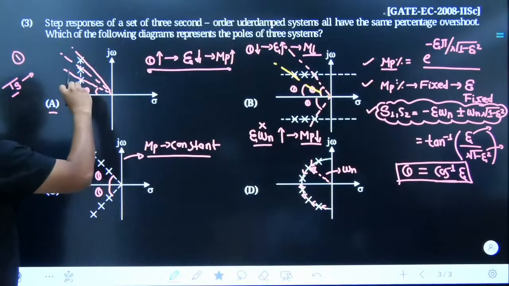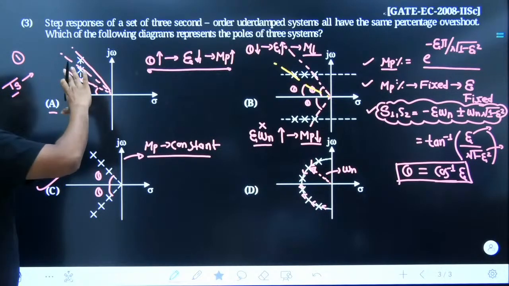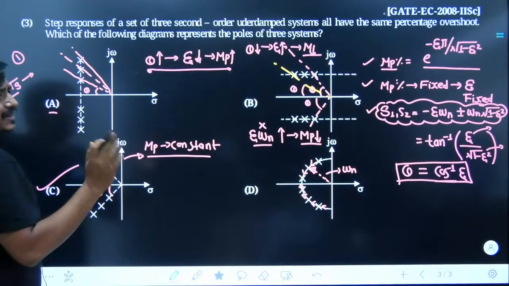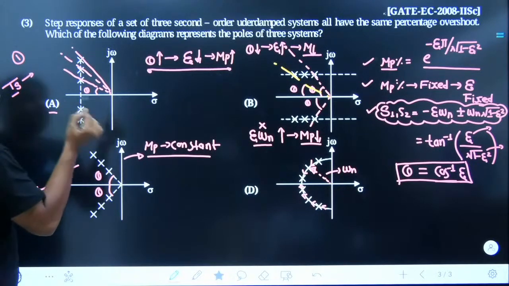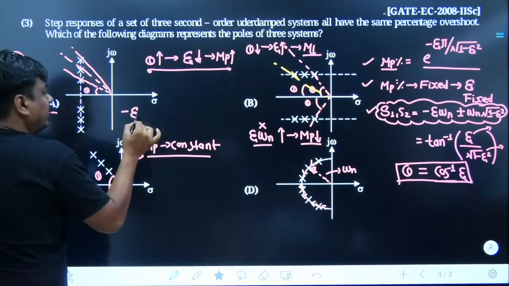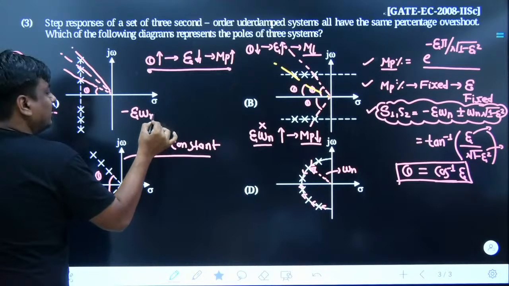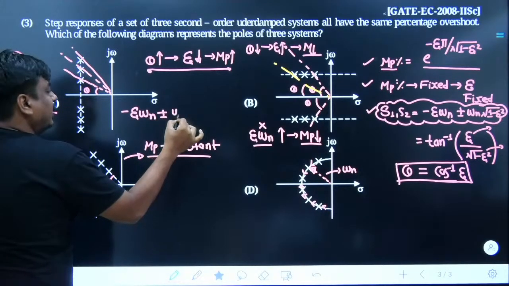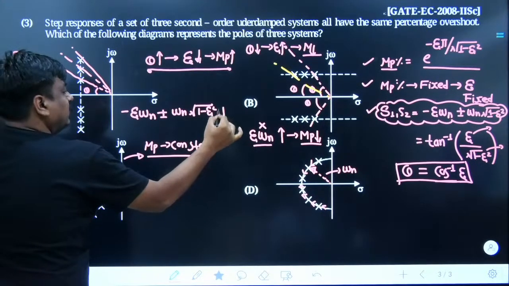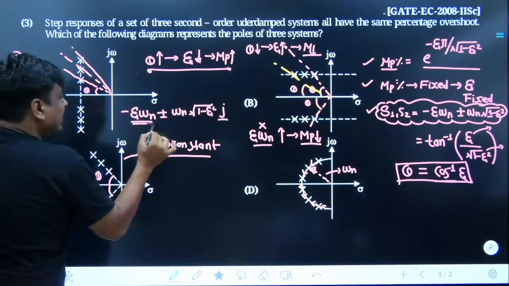Why so? Because the poles keep separating, and that too in the vertical direction. If it is happening so, one thing is quite sure: the value of zeta omega n is not changing, my dear friend. The location of the pole is defined by minus zeta omega n plus or minus j omega n root over 1 minus zeta square. So one thing is quite sure, the real part is not changing.